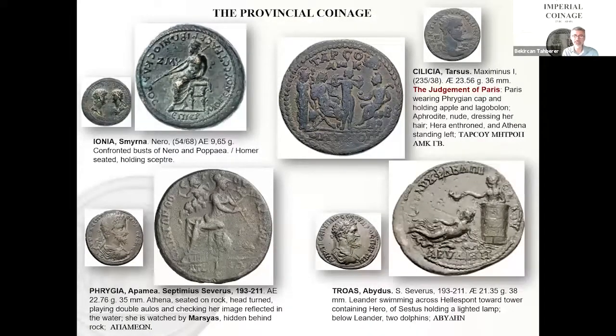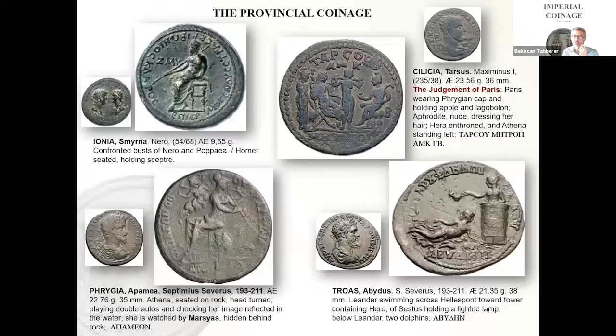And here is another beautiful story on a coin of Abydos in Troas for Septimius Severus. Leander is swimming across the Hellespont, and his lover, Hero, is holding a lamp to show him his way.